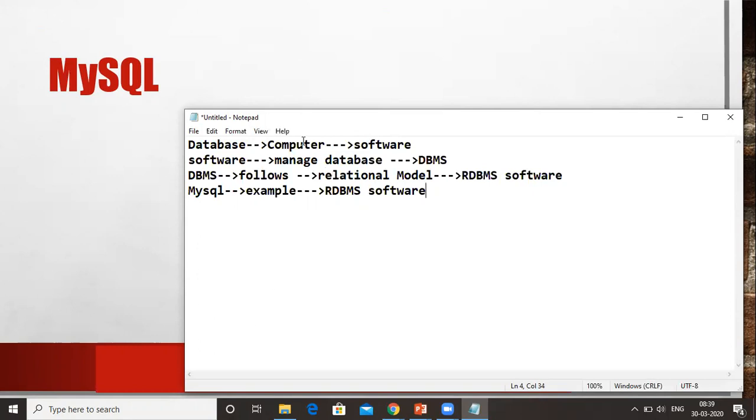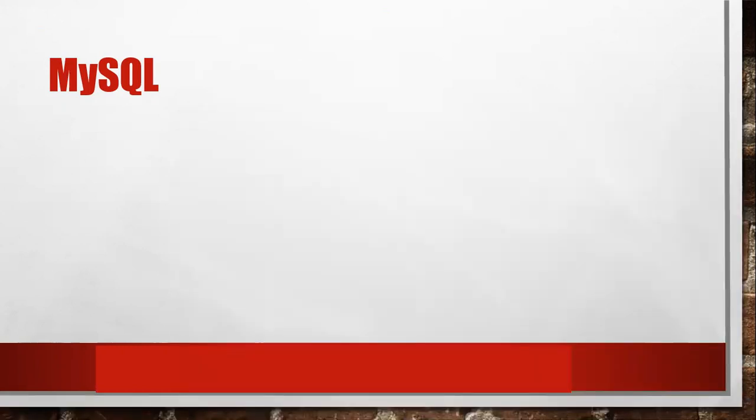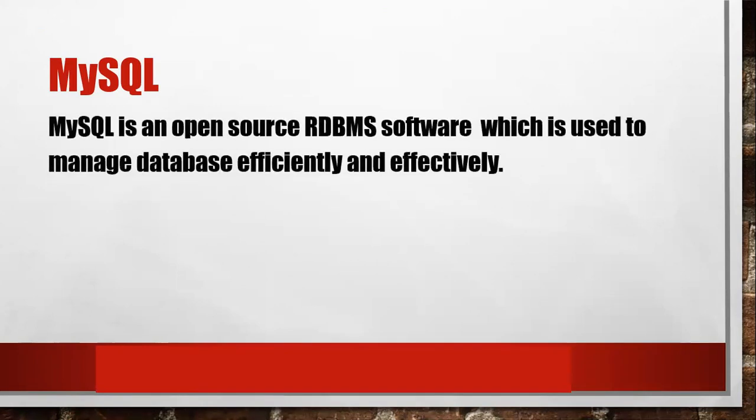So I hope it is clear. Now, as you know, we are studying the MySQL chapter today. So what is basically MySQL? MySQL is an open source RDBMS software which is used to manage databases efficiently and effectively. I hope you are clear with this definition, because I already explained this RDBMS software. So MySQL is nothing else but an open source RDBMS software.